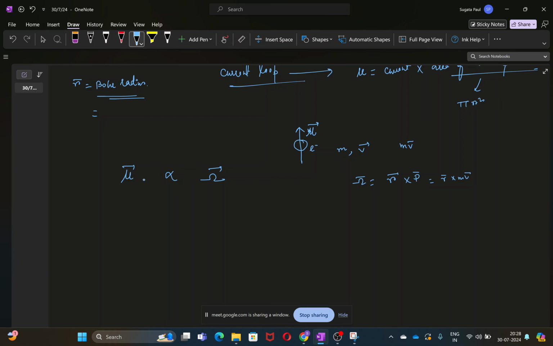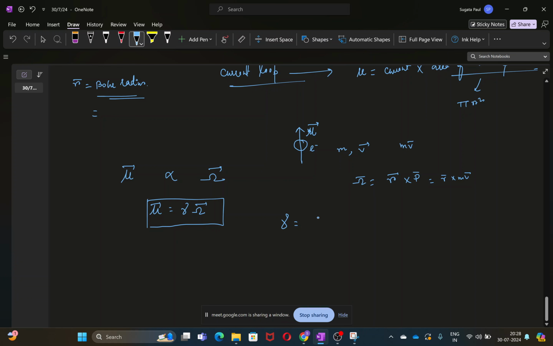Basically, the magnetic moment for the electron in the hydrogen atom is directly proportional to the orbital angular momentum of the electron, which in this case is omega. If you define a proportionality constant, this universal constant is the gyromagnetic ratio.